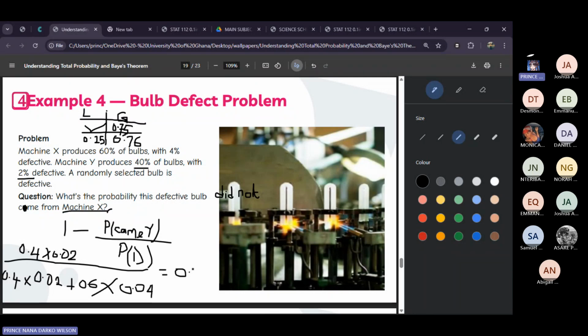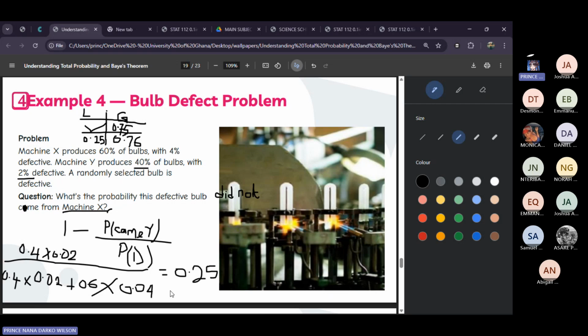So remember, the 0.25 is the probability that it came from Y, right? Oh, sorry, I just made a mistake. The probability that it came from Y is the correct answer, actually. That's 0.25. Let's see, 0.4 times 0.02 gives us 0.008.